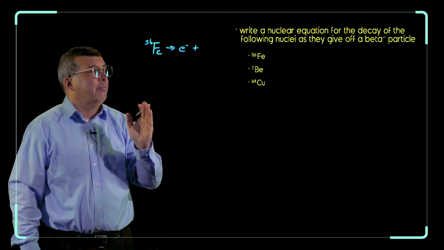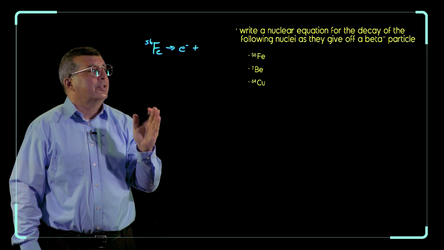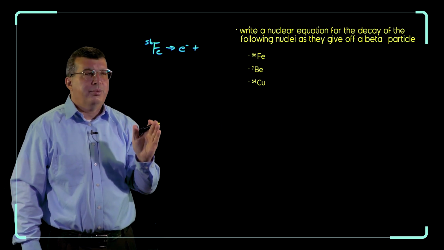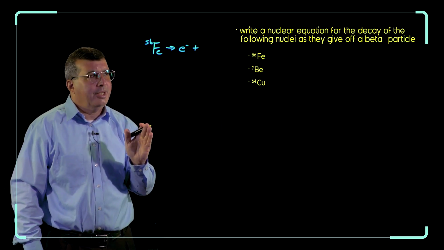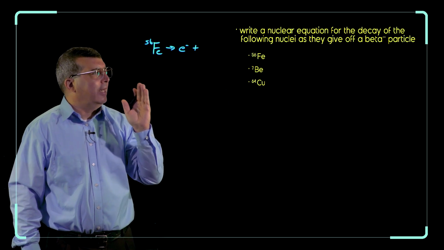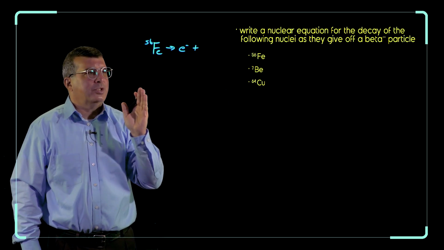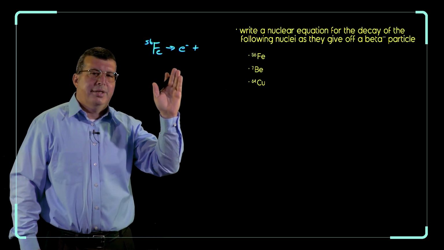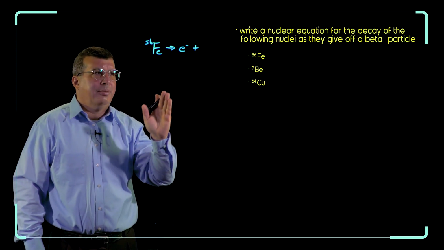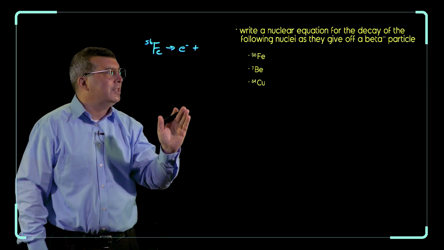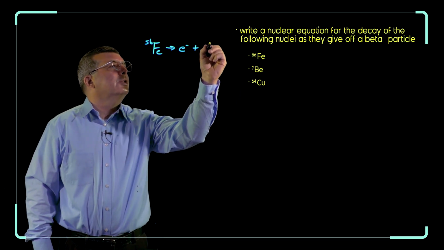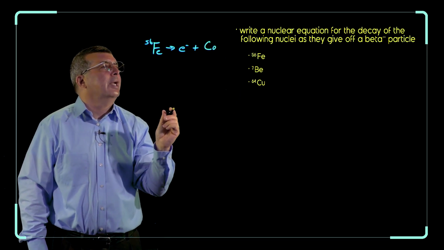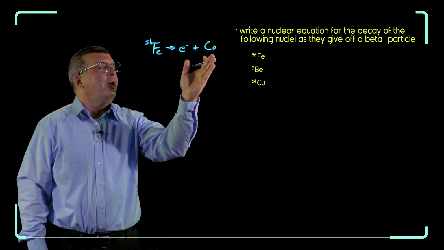That's our beta decay. Now the result is that we have an extra proton. So we have to consult our periodic table. We have to see that iron is element 26. When we get an extra proton, that turns the iron, element 26, into element 27, which is cobalt. Okay, so iron becomes cobalt.